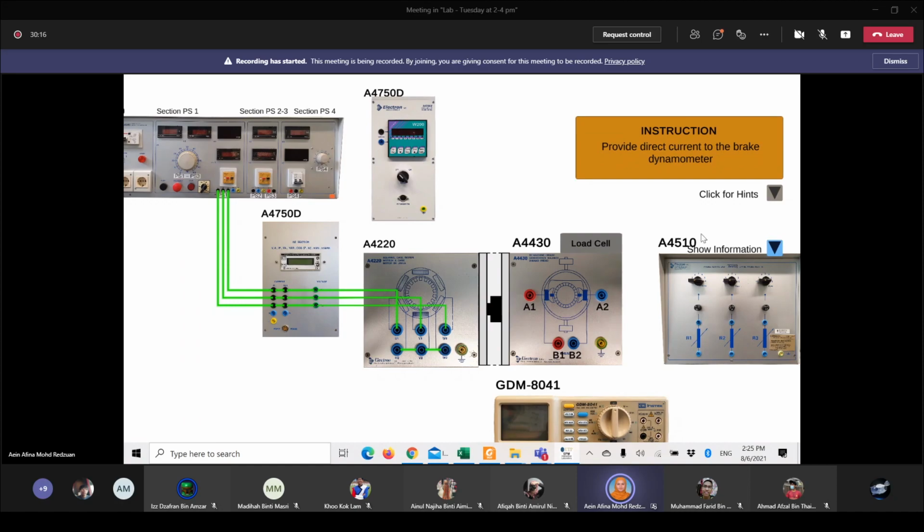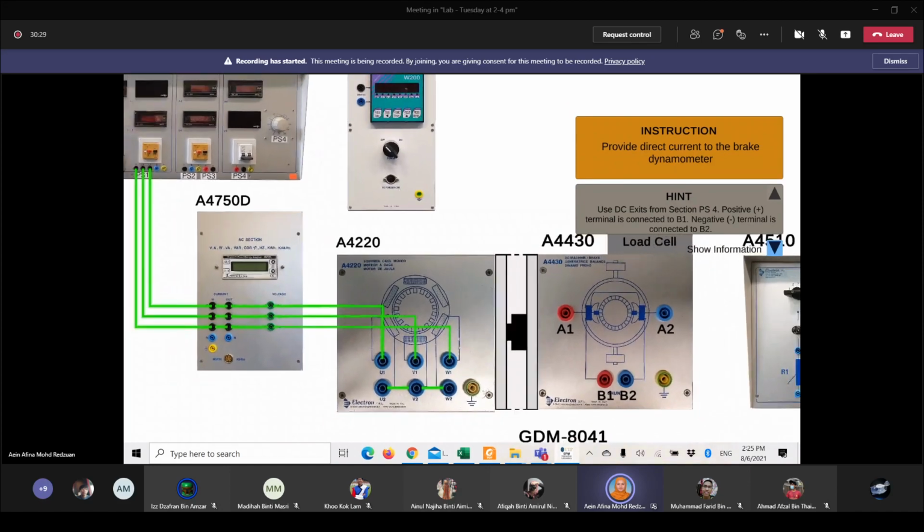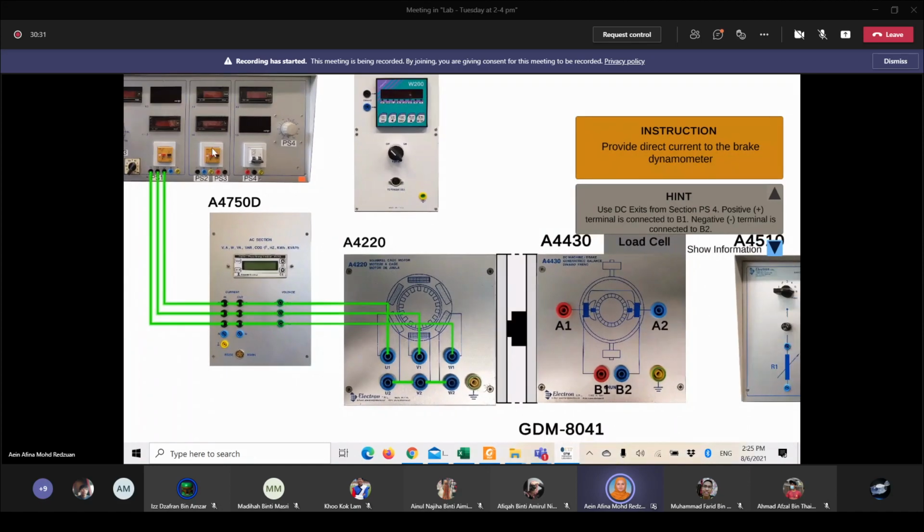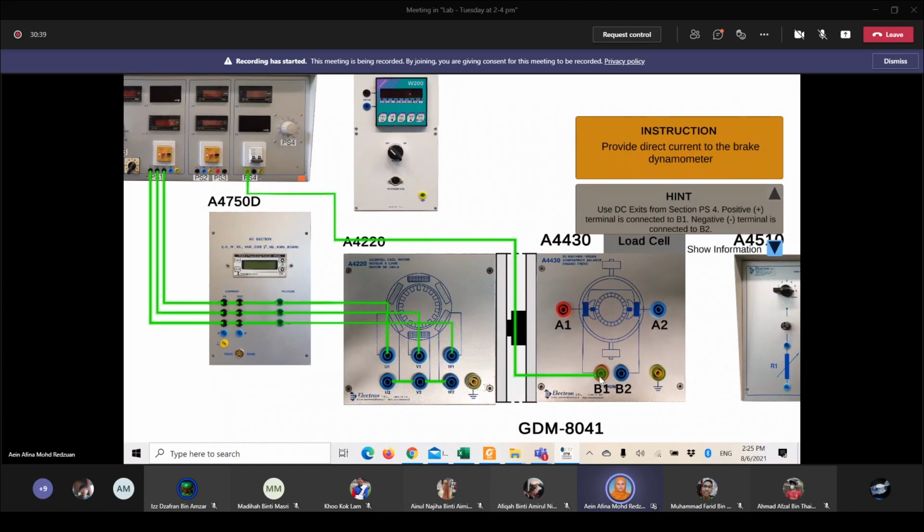You can click for hints if you need. DC from section 4. This is section 4. Connect the positive terminal to B1, and the negative terminal to B2.